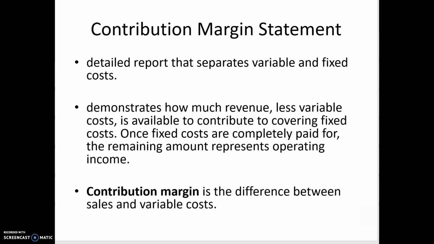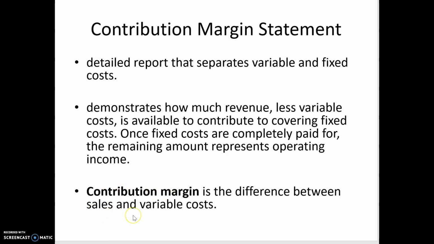Also back in Chapter 6, we learned the contribution margin statement. So we determined operating income in a different way than what we did back in financial accounting when we prepared the financial statement under GAAP, which was absorption costing. In the contribution margin statement, we took our sales revenue, subtracted our variable costs, and that gave us our contribution margin.